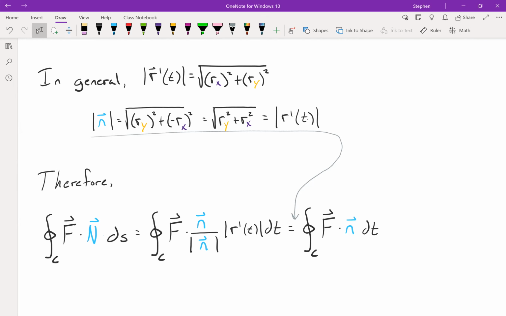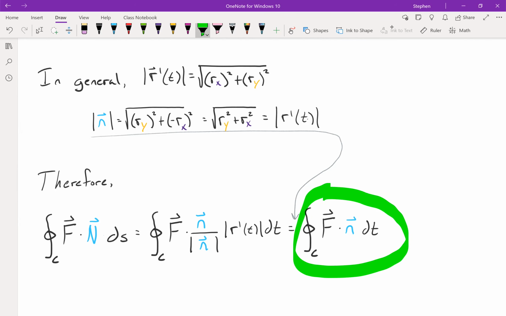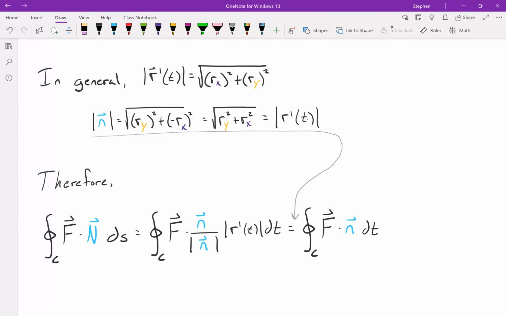All we need is just the normal vector that's associated with whichever parameterization we're using. So in the end, we get this nice looking result that our flux integral can be calculated by just finding F dot n, where n is our normal vector, not necessarily our unit normal vector, which can be quite nice. And again, I think that's a fairly interesting result that comes out of this flux formula.